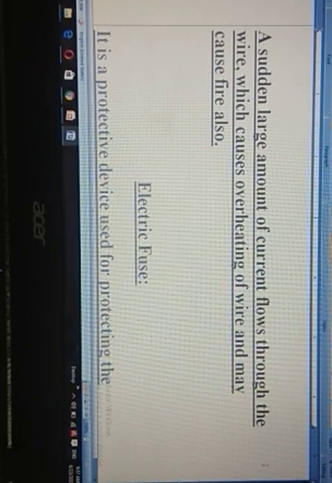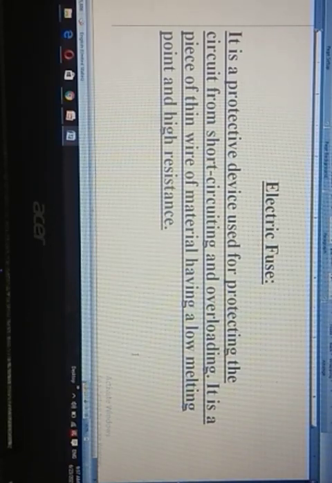A short circuit takes place when the live wire comes in direct contact with the neutral wire, and here we have the electric fuse. This electric fuse is a protective device which is used for protecting the circuit from short circuiting and overloading.